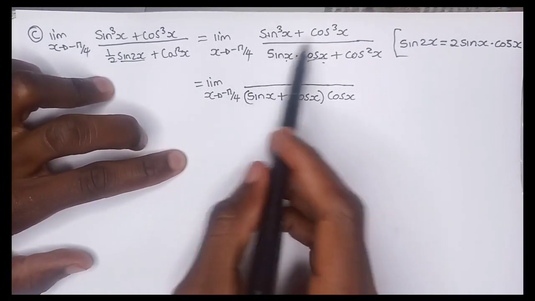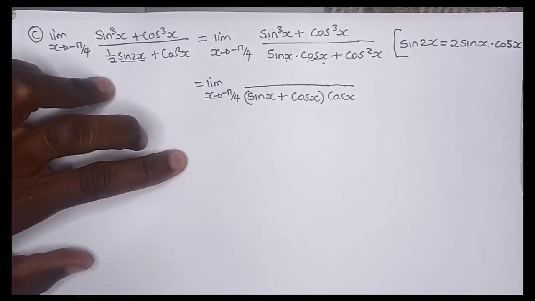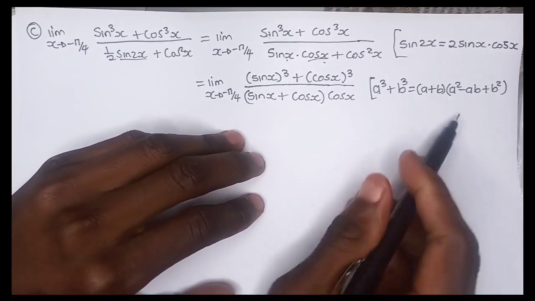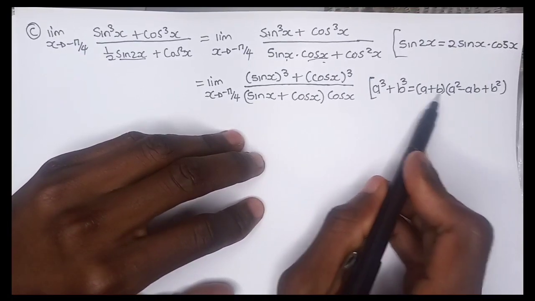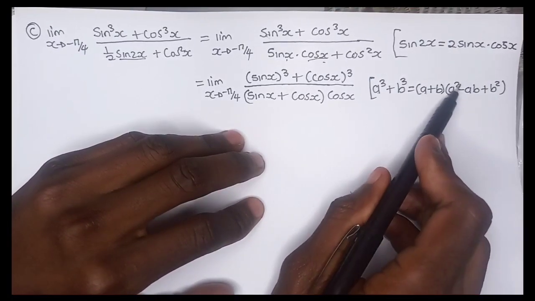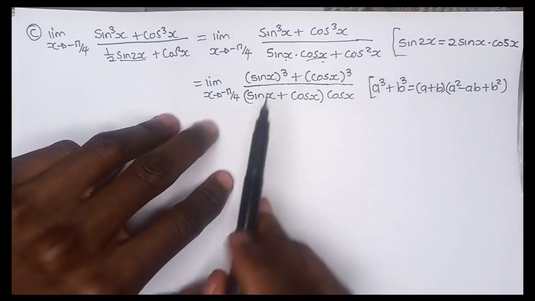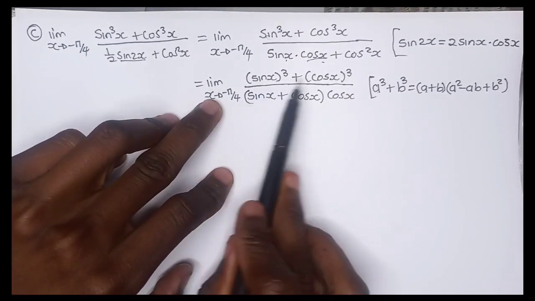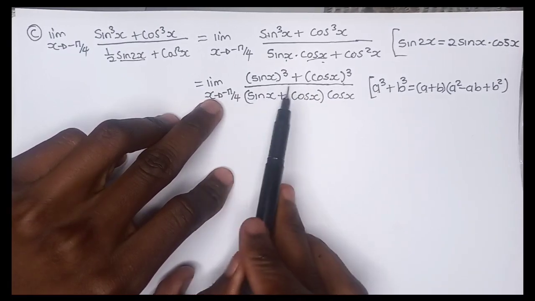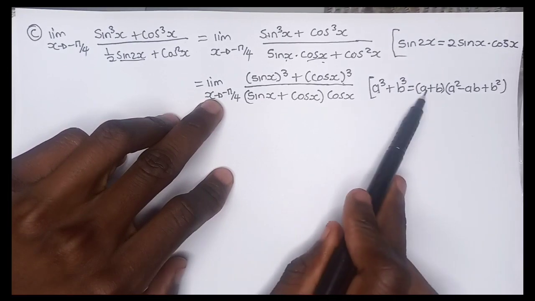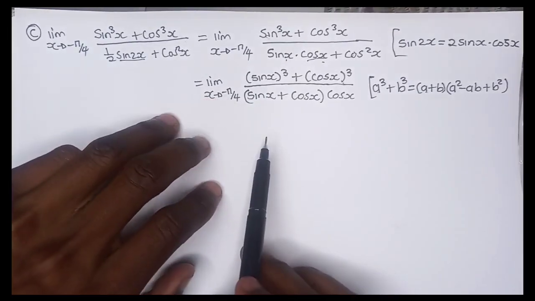And looking at the numerator, I'm having a sum of cubes, which is in the form a cubed plus b cubed, and can be factorized as a plus b multiplied by a squared minus ab plus b squared. So if you look at your numerator, you can treat sine x as your a and cos x as your b.